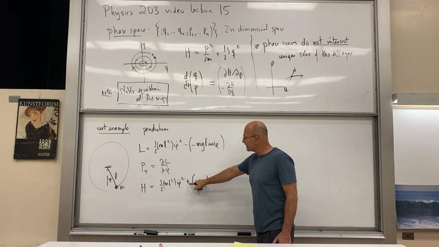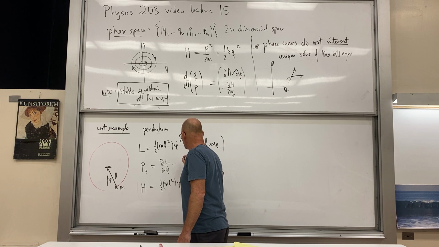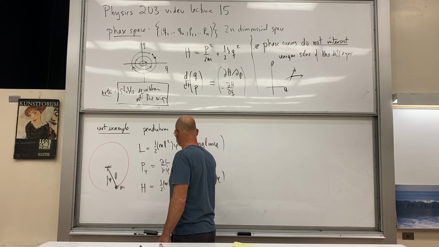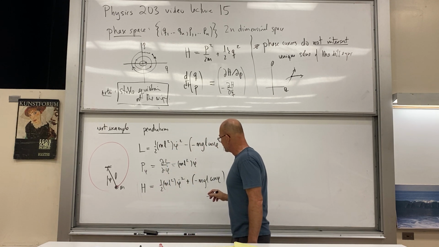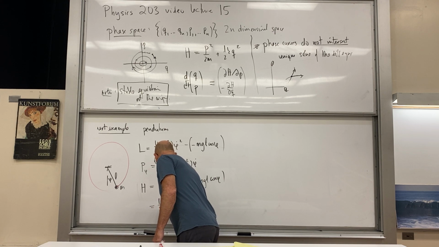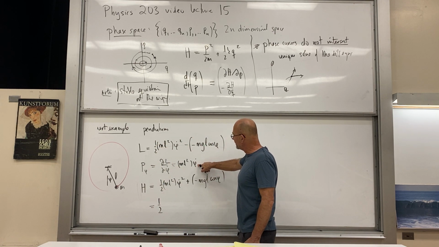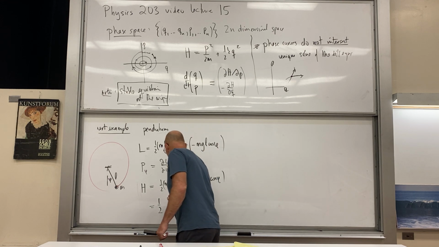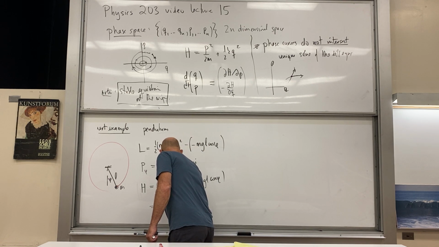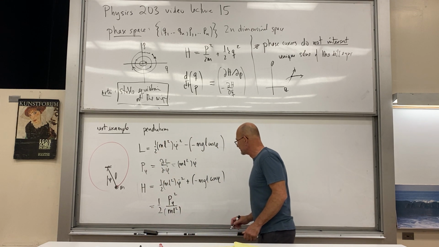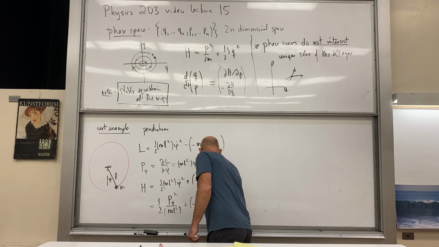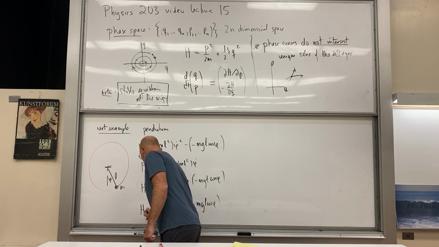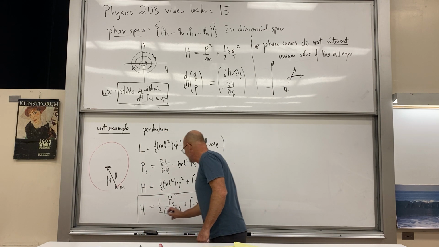And now remember, we have to make that substitution. And this was mL squared phi dot. So we substitute: the phi dot is p sub phi over mL squared. So we'll have p sub phi squared over 2mL squared, plus negative mgl cos phi. So there's our Hamiltonian in p and phi.